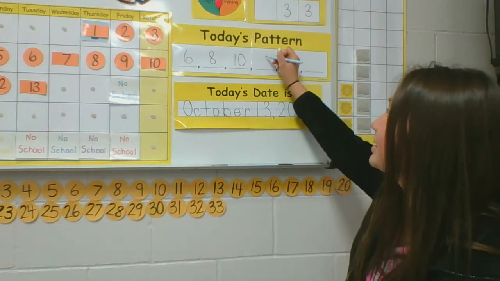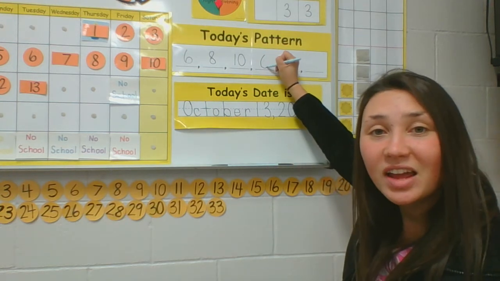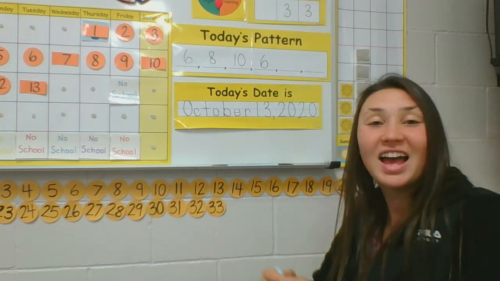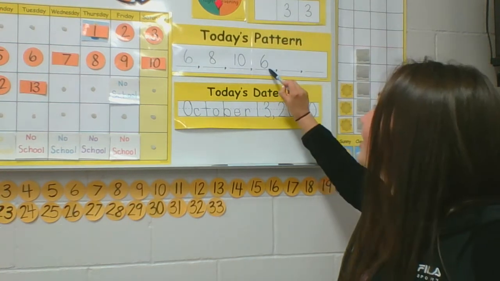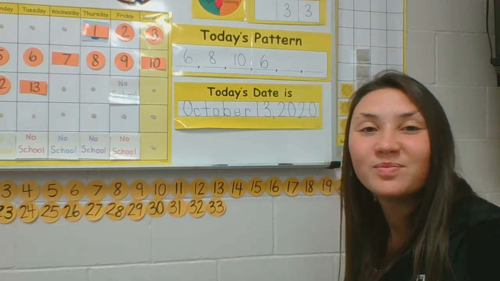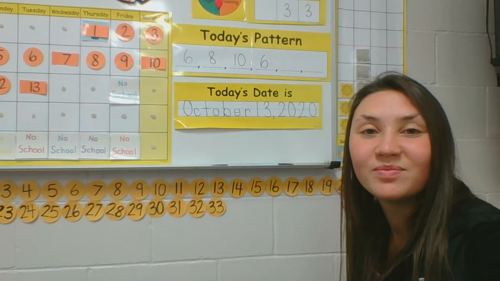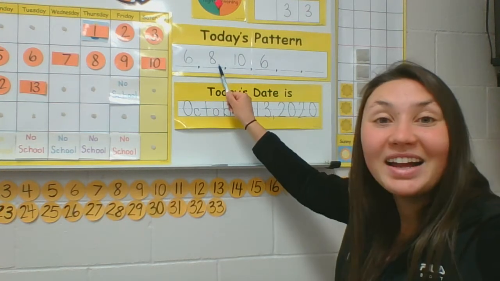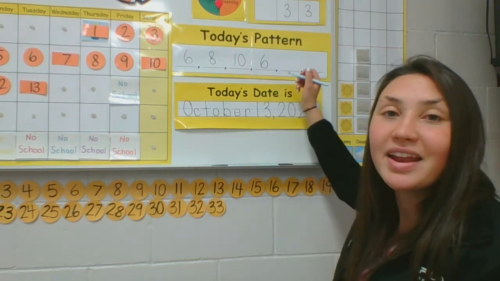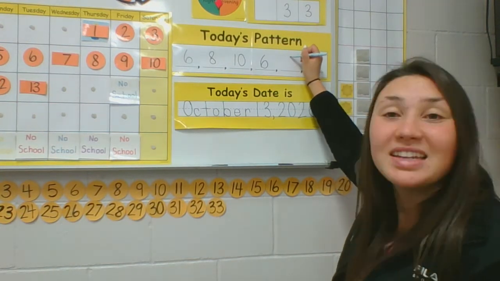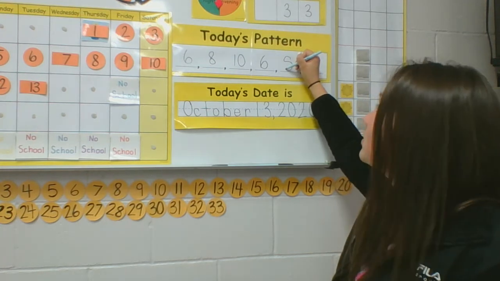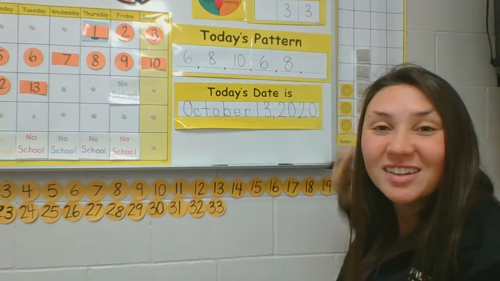So when you make your 6, go ahead and slant on down and put a curl. All right. After we have our 6, what comes after the 6 in our pattern? Yeah, an 8. An 8 comes after our 6. And when you make your 8, go ahead and make a nice, neat S like that, and then go back home to where you started.